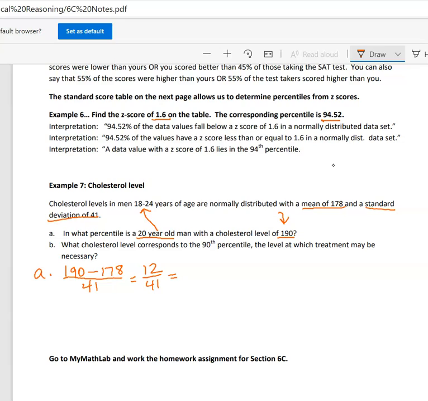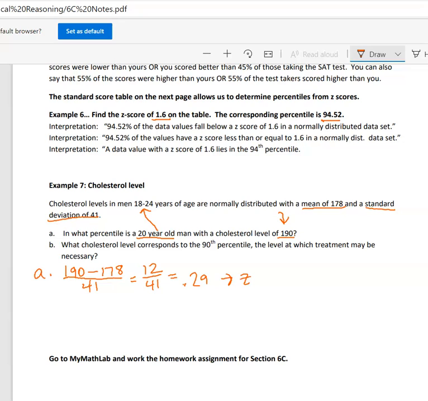If I round, that gives us 0.29, and this is our z-score.